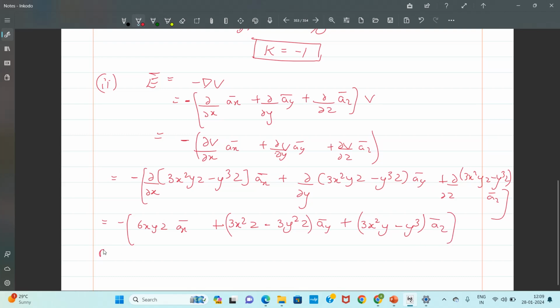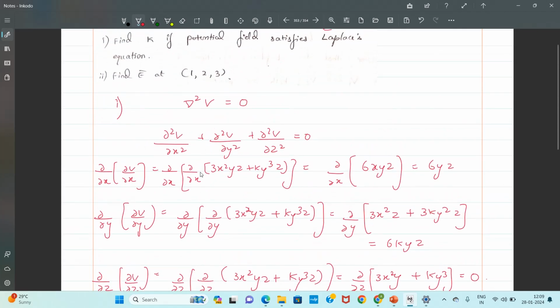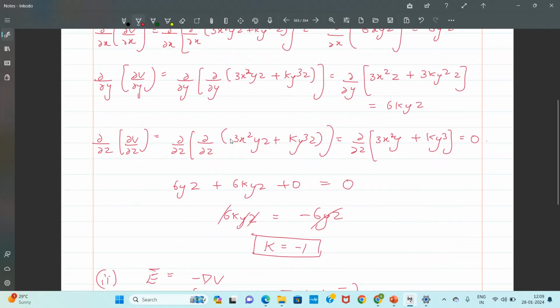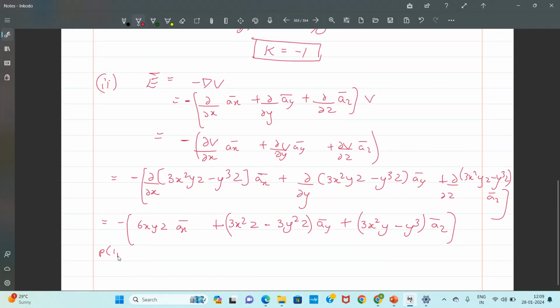They've given some points, right? They have mentioned you're supposed to find E at points 1, 2 and 3. Right? The points are 1, 2 and 3. That is nothing but x, y and z values are given.